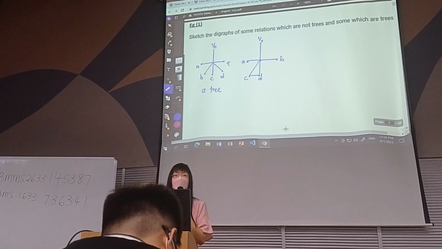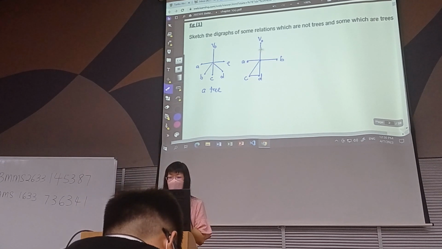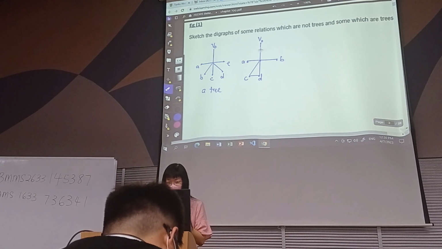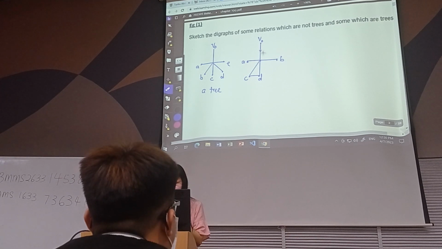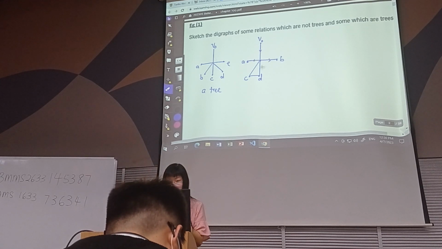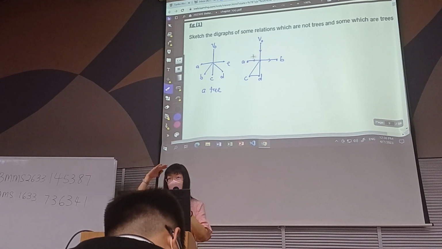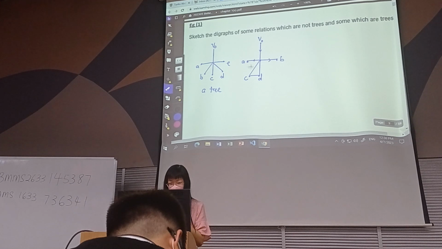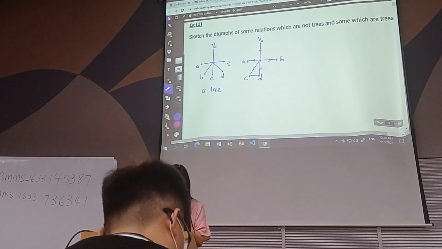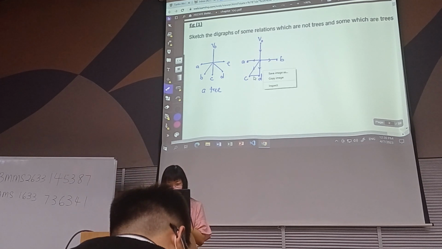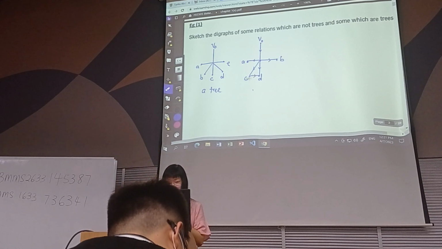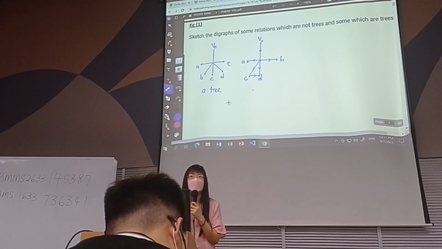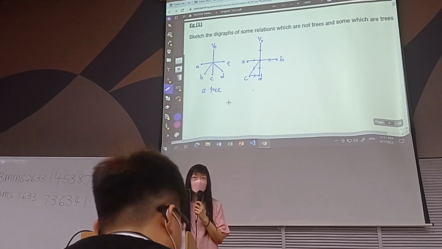The direction will always come out from the root, so the direction will actually go down here. If you put the arrows in the diagram, it will be like this, going out here, out here, out here, but it is understood that it must be going down, so the direction must be like this. This one goes here, but this depends on either D to C or C to D.